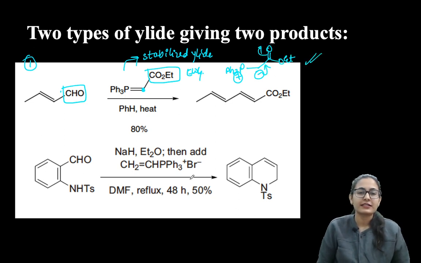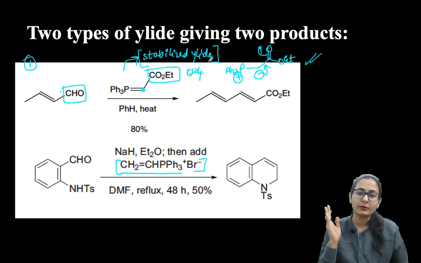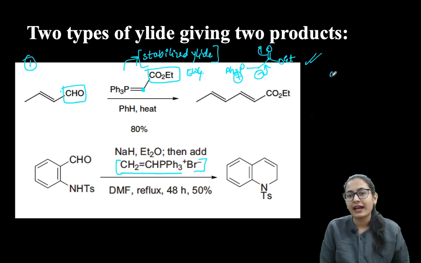Okay, yes, good enough. So now we move onwards to the unstabilized ylide. This one is your unstabilized ylide, but first we'll complete this reaction. So as I said, the stabilized ylide is going to give you a particular product, and that alkene is going to be the E alkene, or let's say the trans alkene.